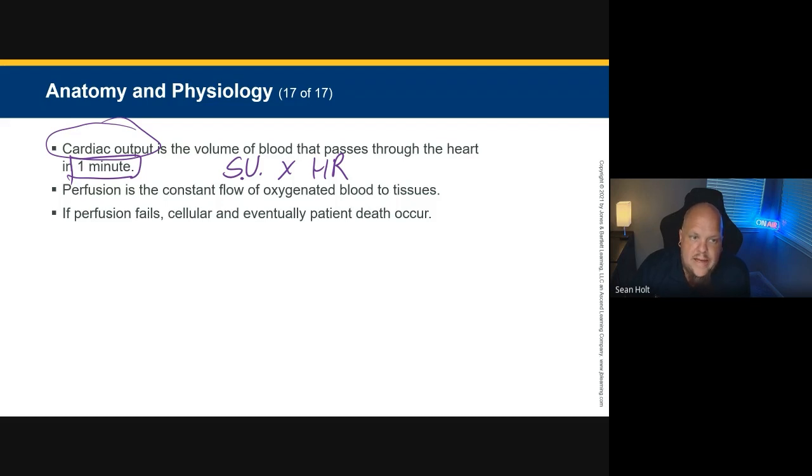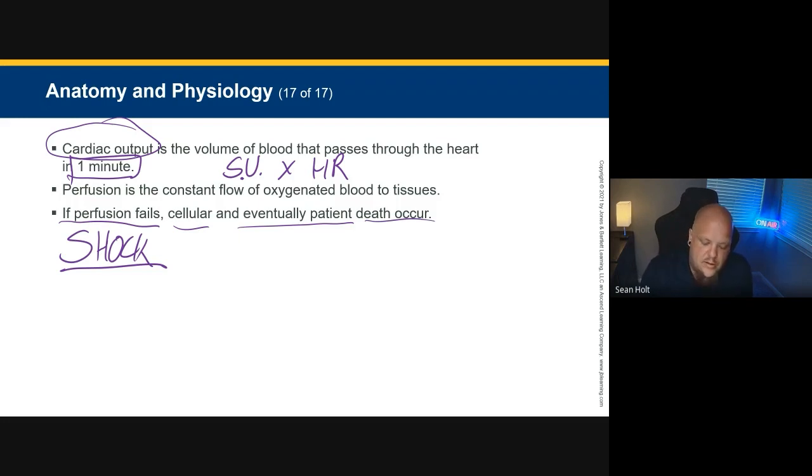Perfusion, that term, it's the constant flow of oxygenated blood to the tissues that need that oxygen. So perfusion, we learned about in shock, right? Hypoperfusion is a state of shock. And if perfusion fails and the patient goes into shock, cellular and eventually patient death occurs.